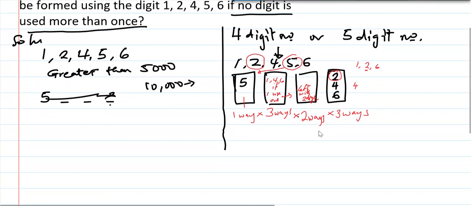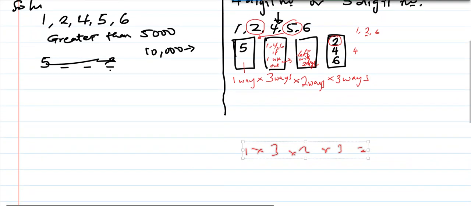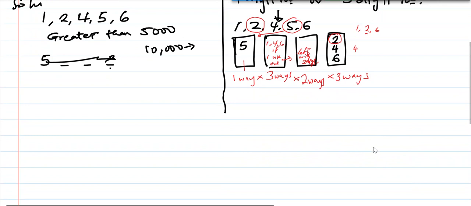Now, we multiply all of this: 1 times 3 times 2 times 3. We get 6, 3 times 6 is 18. So this one is going to be 18 ways.